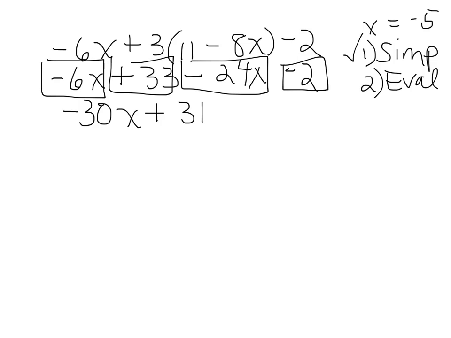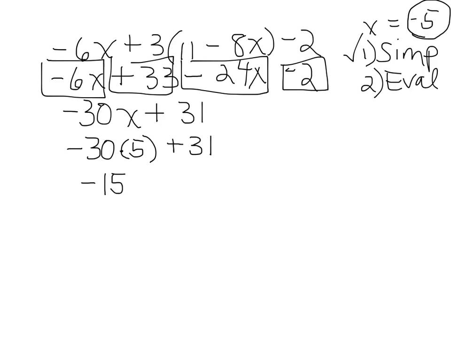Now, to evaluate, I have to, as always, show replacement. Wherever I see x, I replace with negative 5. This means negative 30 times x. So I'm going to say negative 30 times negative 5, and I actually like parentheses, plus 31. So I get negative 150, and this is addition now, it's not multiplication, plus 31.